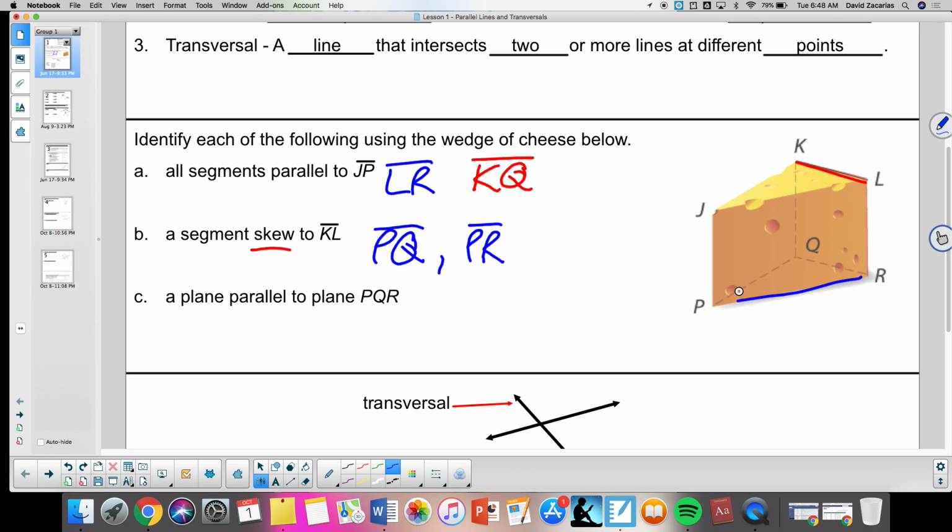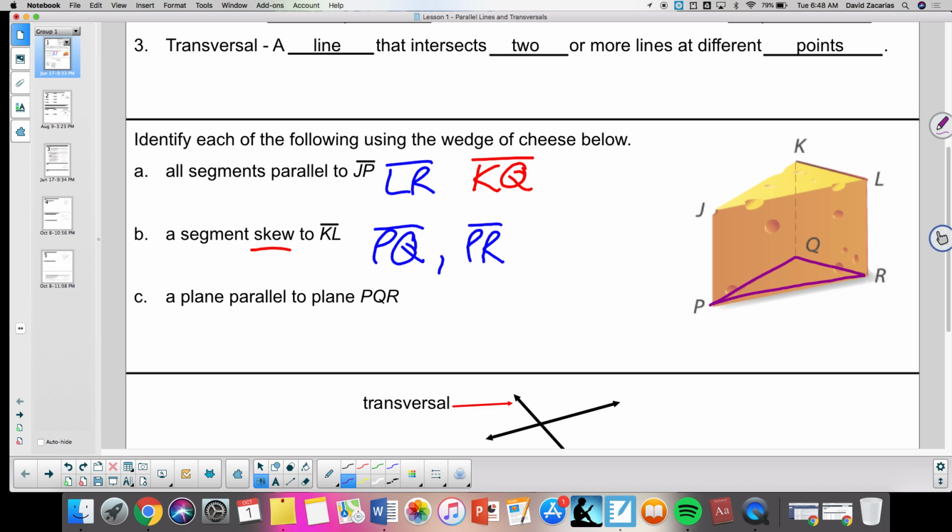And lastly, we have parallel planes. Parallel planes are just two planes that are parallel. It's kind of self-explanatory. But it says, name a plane parallel to PQR. PQR, so this bottom plane.